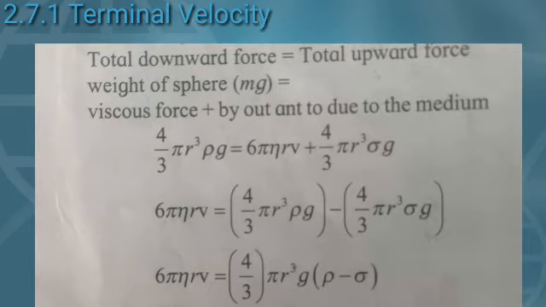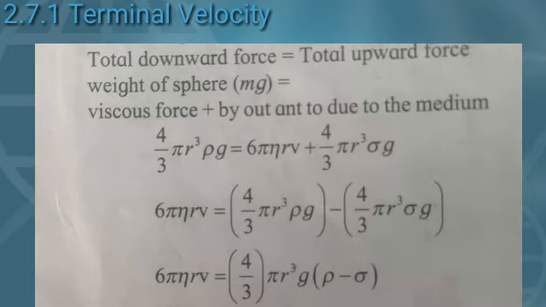Mathematically, the weight of the sphere mg, which is 4 by 3 pi r cube rho into g, is equal to the total upward force 6 pi eta r v plus 4 by 3 pi r cube sigma into g. We take the viscous force term to one side and the remaining terms to the other side.